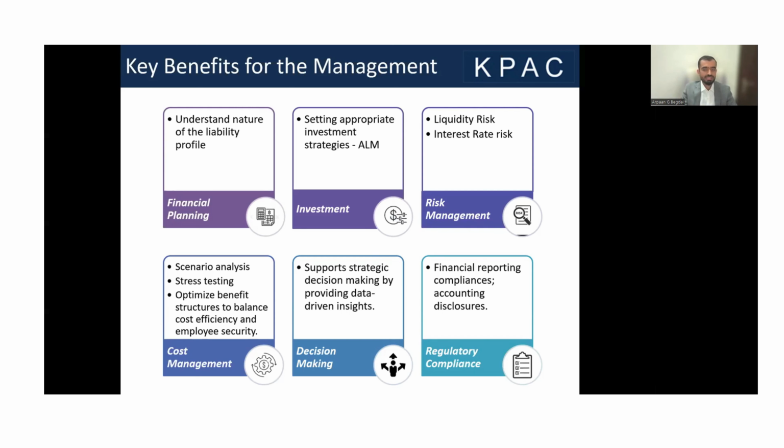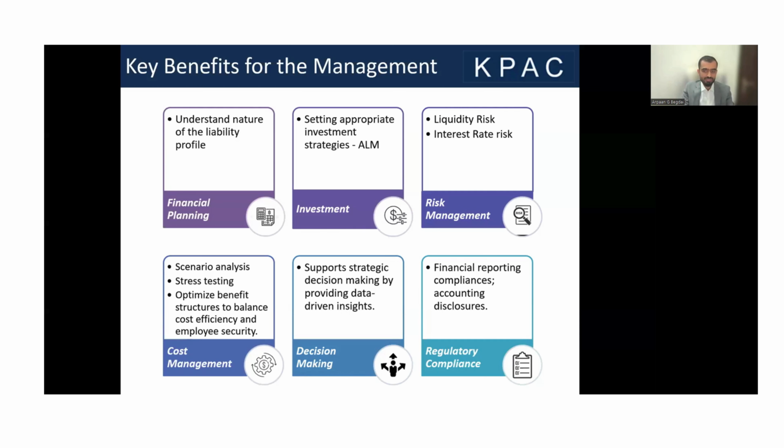And secondly, such a strategy also helps to hedge the liability movement against any fluctuations in the interest rate, which is a key actuarial assumption. For example, a fall in the interest rates will increase the actuarial liability.